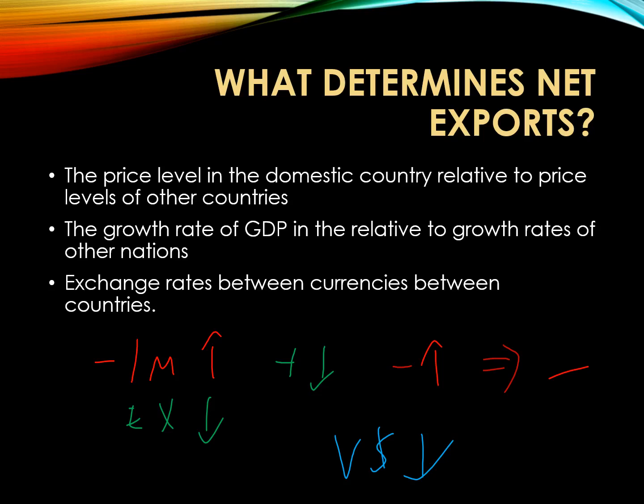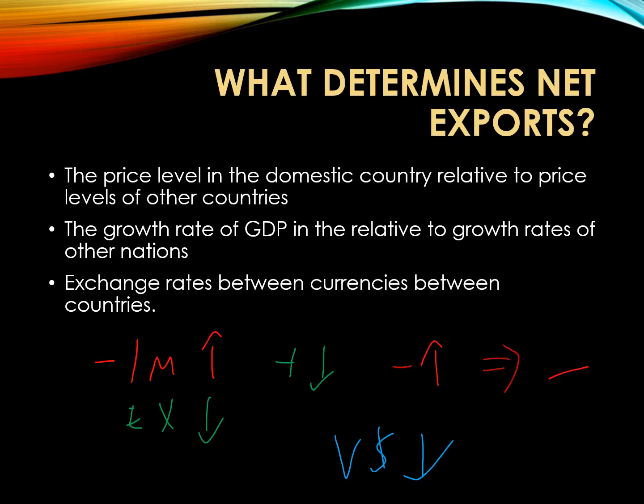Which means that if someone can exchange euros for more dollars than they could in the past, and the prices aren't changing here, then they're more likely to come here and buy our stuff because their purchasing power is higher.